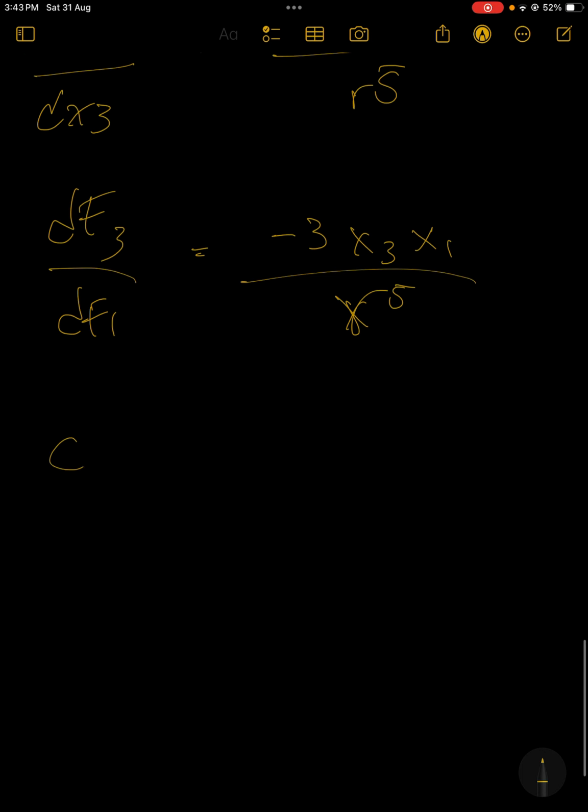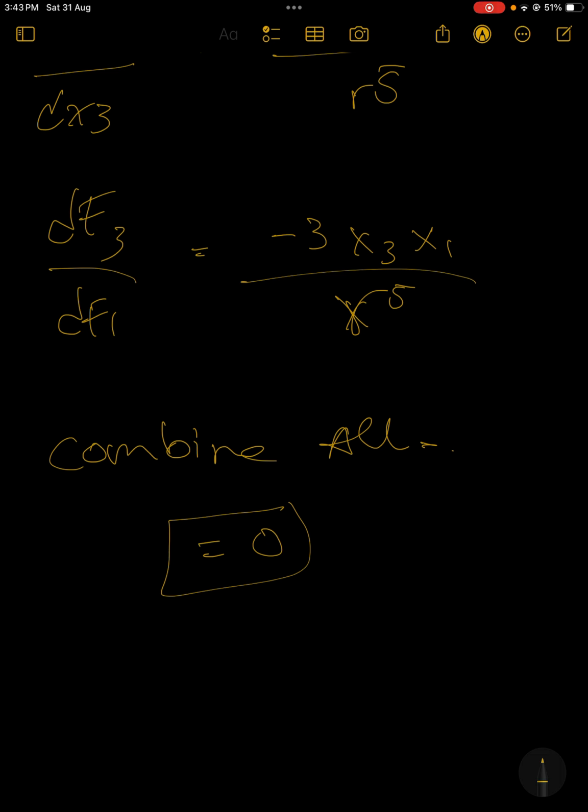The last step, we need to combine it all in one row. And when we do combine it, it will actually equal 0, because the terms will actually cancel each other. So it's going to equal 0. That's it. Each term will cancel the other.